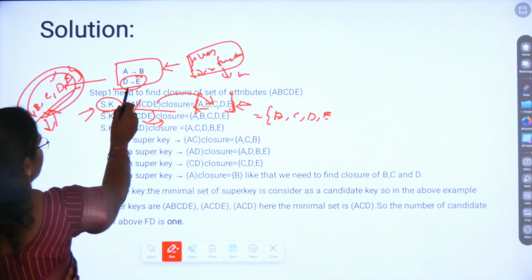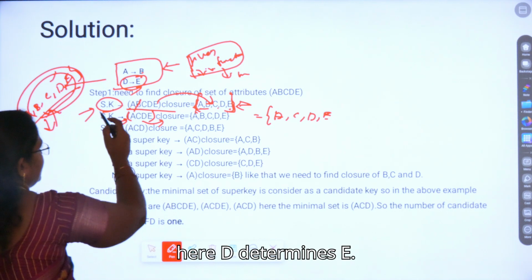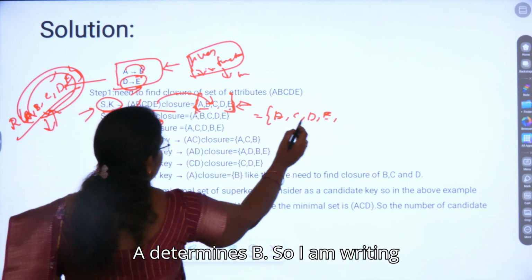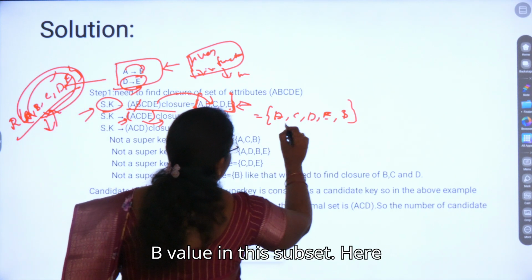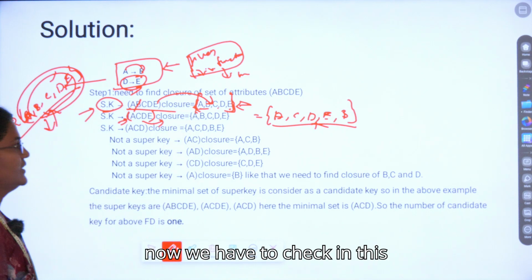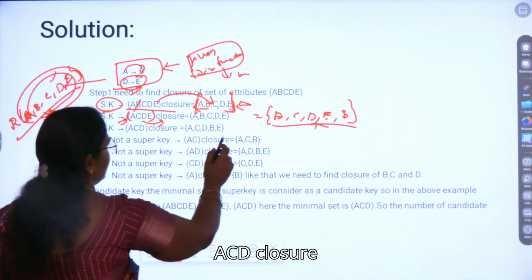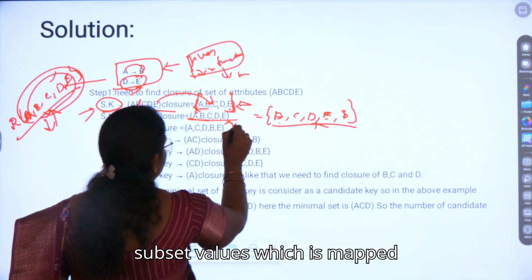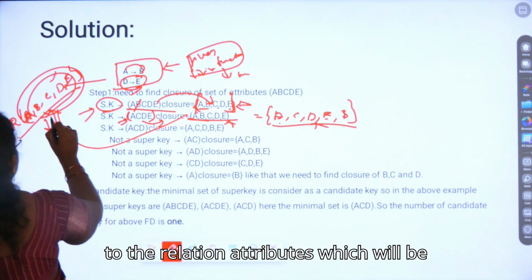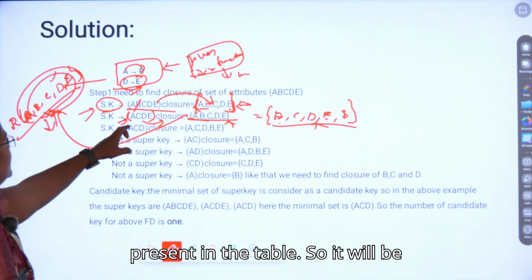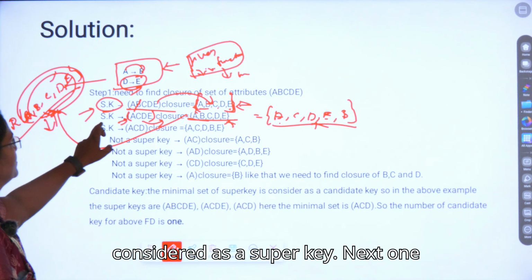Next, A determines B, so I write the B value in this subset. Now we check: in this ACDE closure, A, B, C, D, E is the subset, which maps to the relation attributes present in the table. So it is considered a super key.